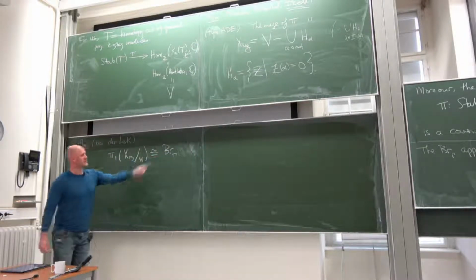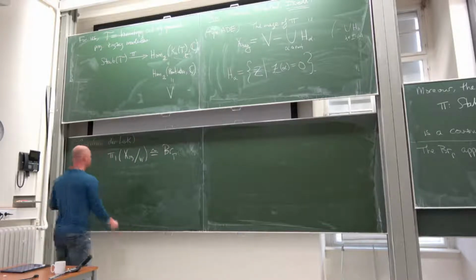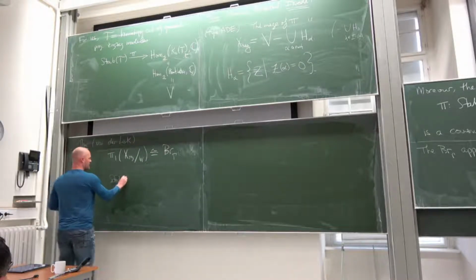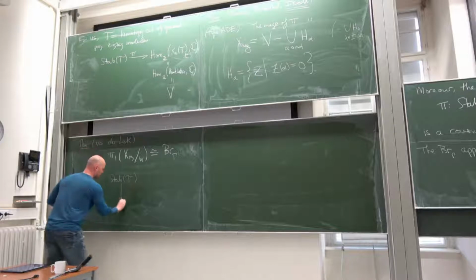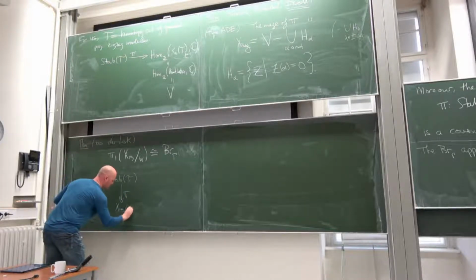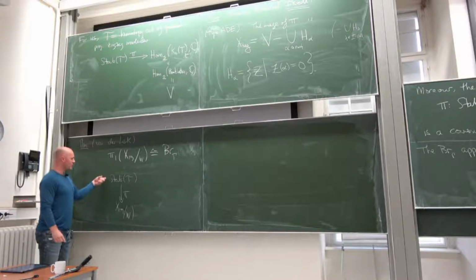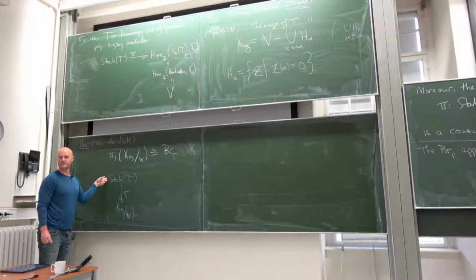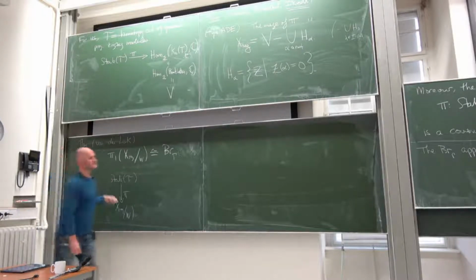So pi 1 of X reg mod W is the braid group. So now, since Stab T is some covering space of X reg mod W, you get an action of the braid group by deck transformations here. Okay?